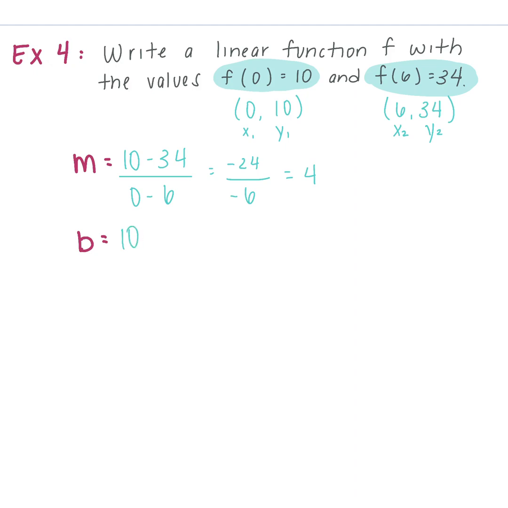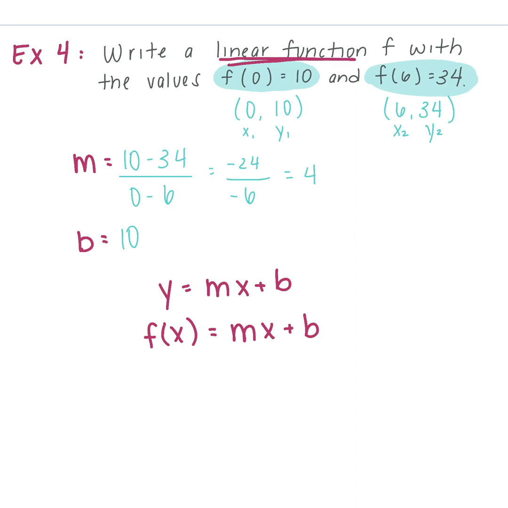Now when I go to write my function, the only difference is instead of writing y equals mx plus b, since we want to tell them that it's a linear function like they asked for, I'm going to replace my y with an f of x. Because remember, f of x is the same thing as y. It's saying the function, when we plug in x, equals mx plus b.